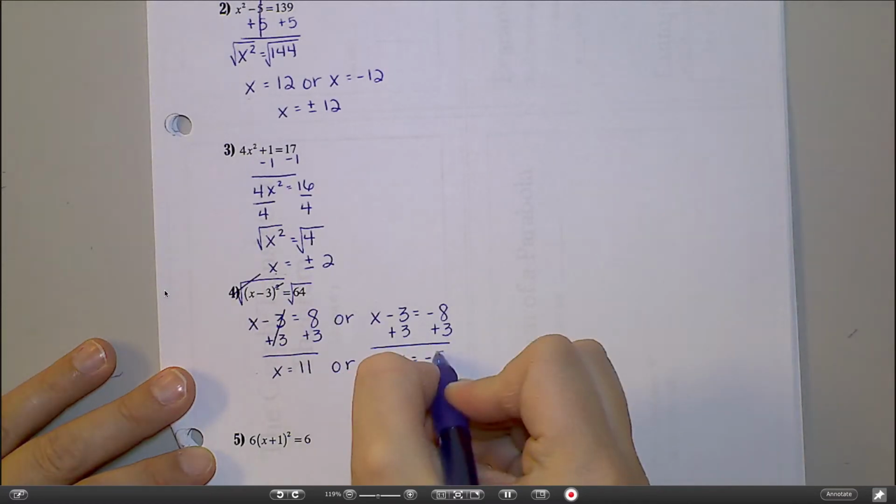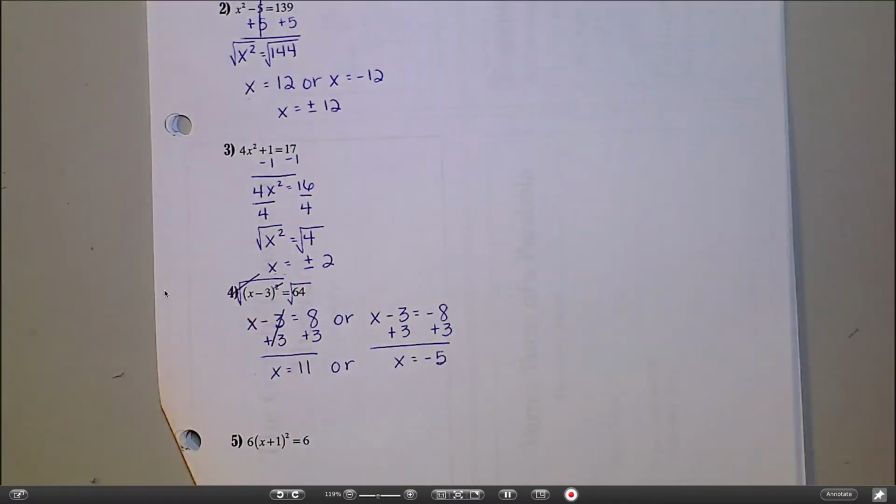Negative 5. So you still end up with 2 answers, but they're 2 totally different answers. Okay? So it's not always just going to be plus or minus a certain number. When you end up with things like this, where you still have equation solving to do after you take the square root, you're going to end up with 2 different answers.